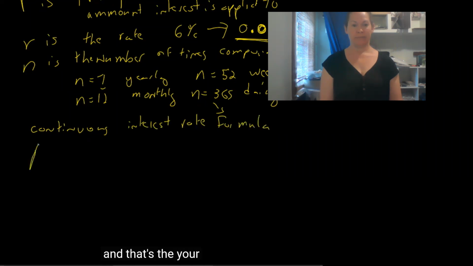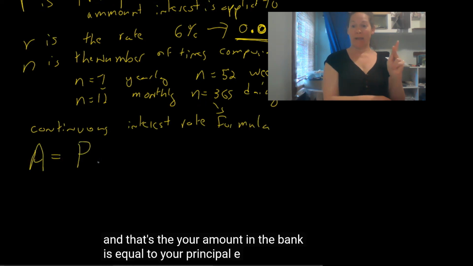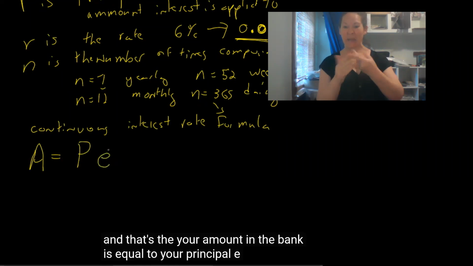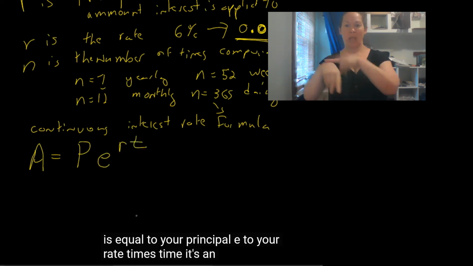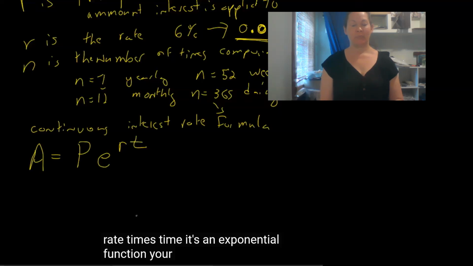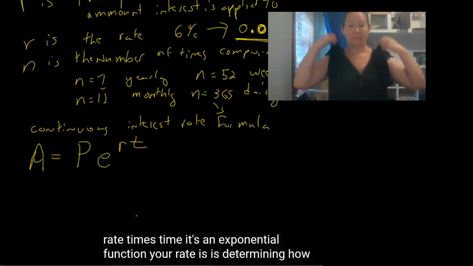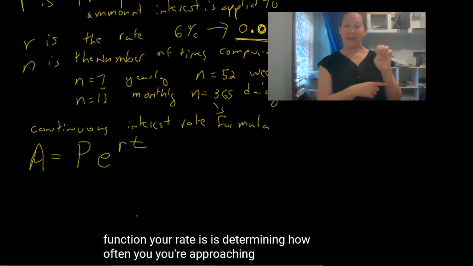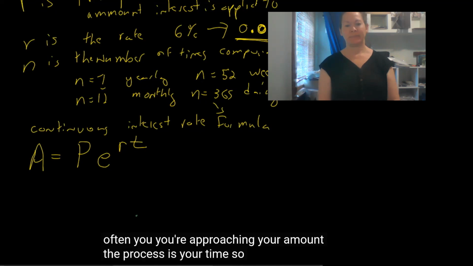And that's your amount in the bank is equal to your principal times e to your rate times time. It's an exponential function.